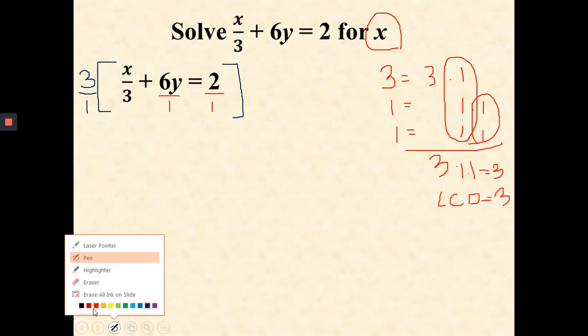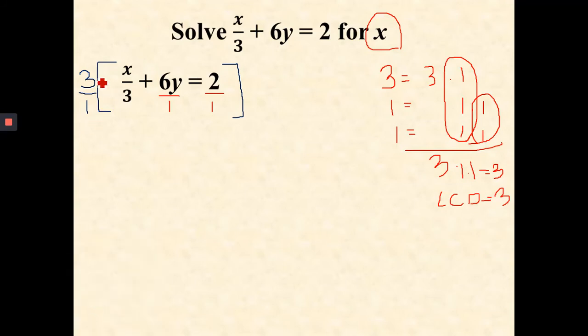Okay? So next, this time, we are now going to apply the distributive property of multiplication. Meaning, we're going to multiply 3 by the first term. 3 times x, that is 3x, over 1 times 3, that is 3.